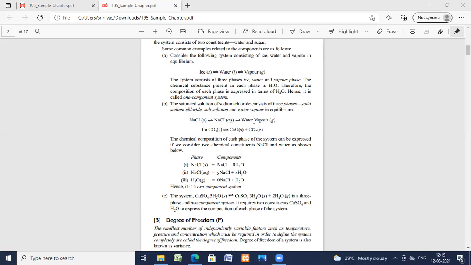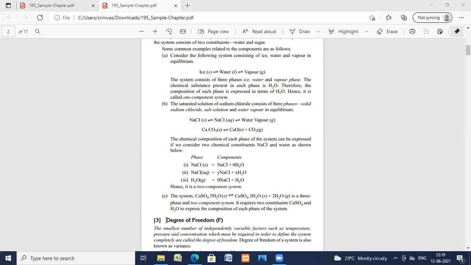Different phases are there. I think you can see about 7 phases in sodium sulfate and water system. But the composition, wherever you go, wherever you see the phase of the sodium sulfate and water, we can get only two. It's a two component system.